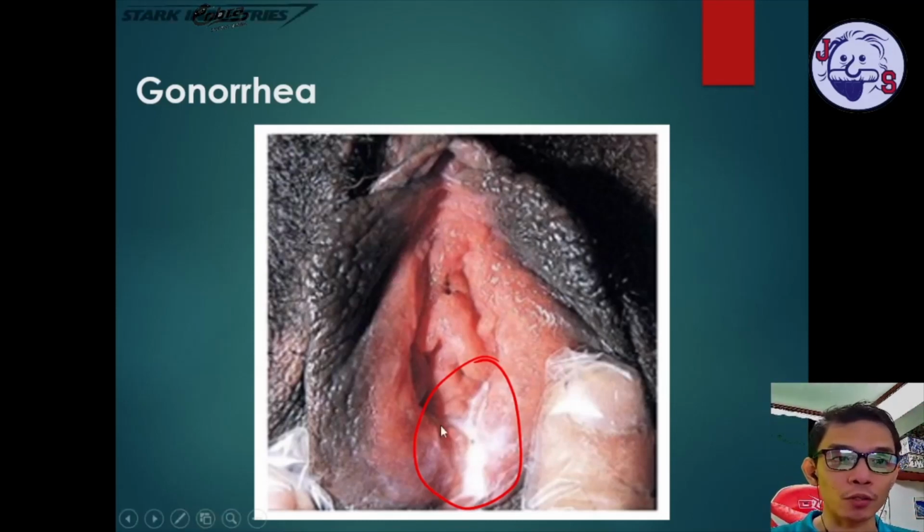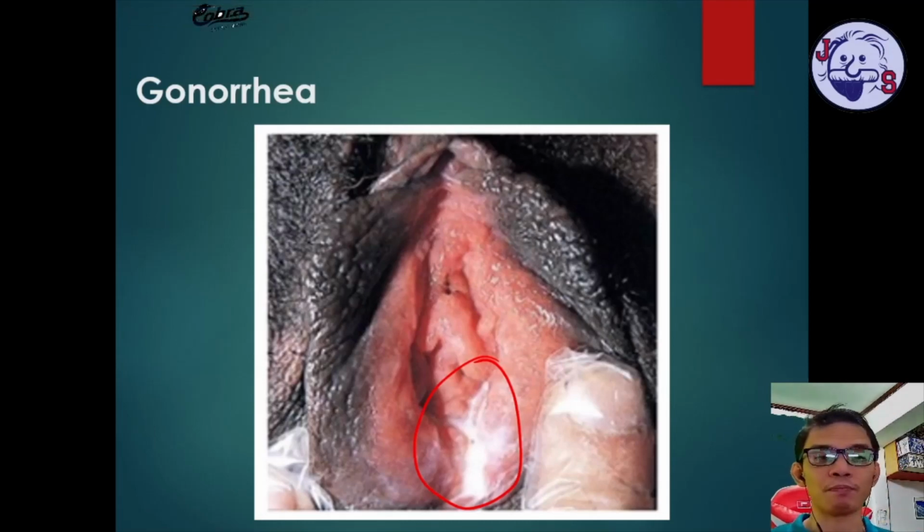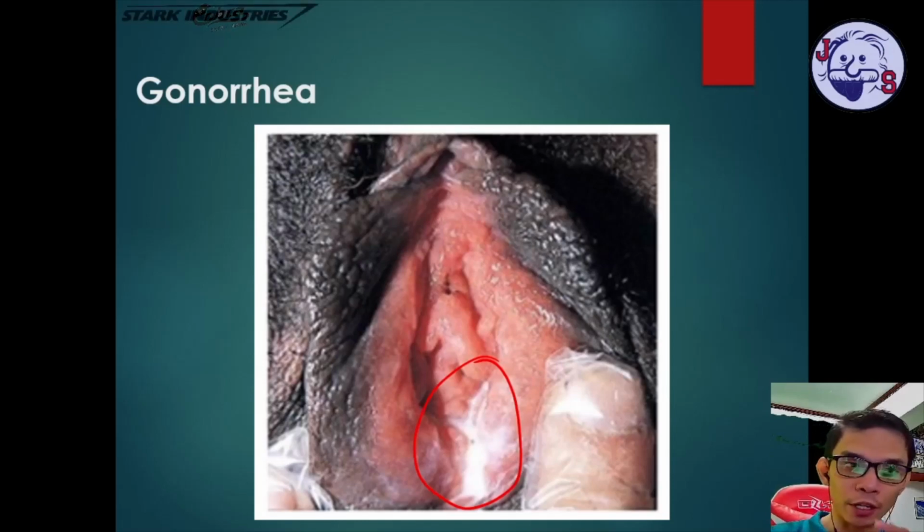If you encounter a discharge like the one you have here, you might want to go to the doctor and seek medical attention immediately. The doctor will give you the antibiotics necessary to prevent further infection and the escalation of this disease in your body.